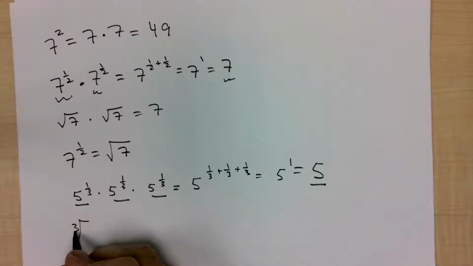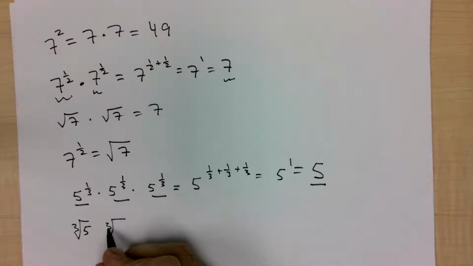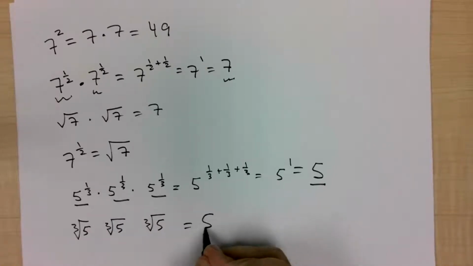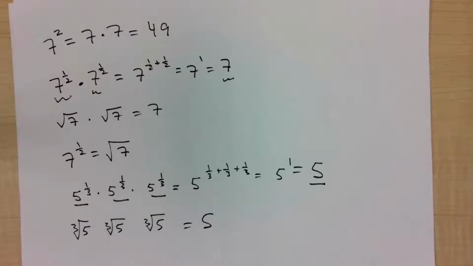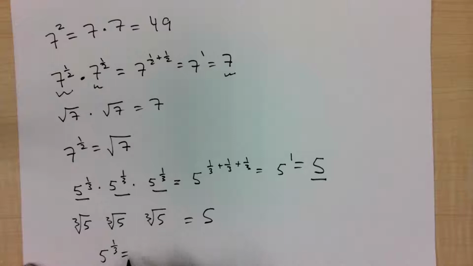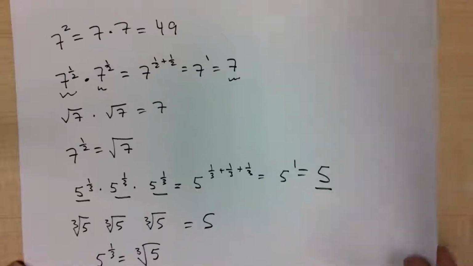So cube root of 5 times cube root of 5 times cube root of 5 also equals 5. So if that's the case, we can see that 5 to the 1/3 would have to simply be the cube root of 5. So that's giving us an idea about how to think of these rational exponents.